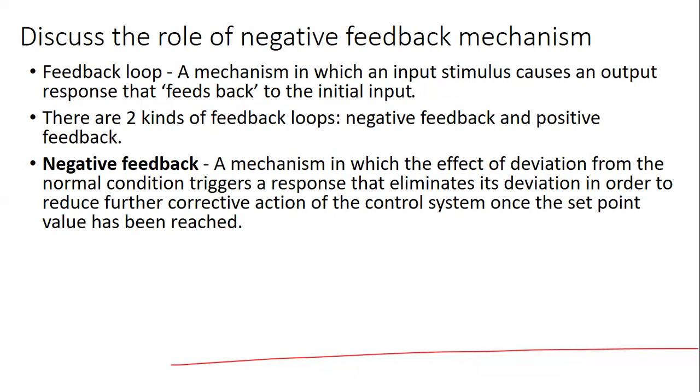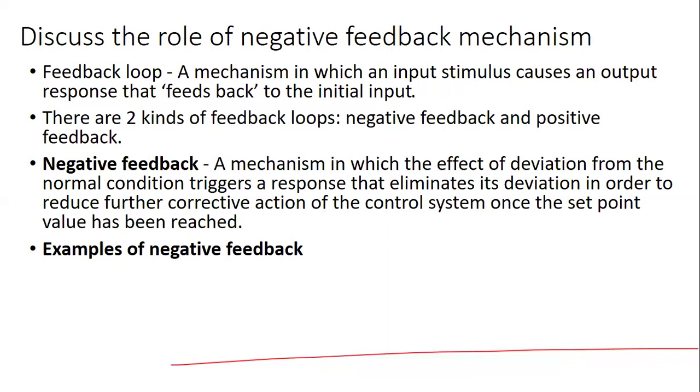So that's what we have here: reduced corrective action of the control system once the set point has been reached. So we don't keep on correcting without any end in mind.